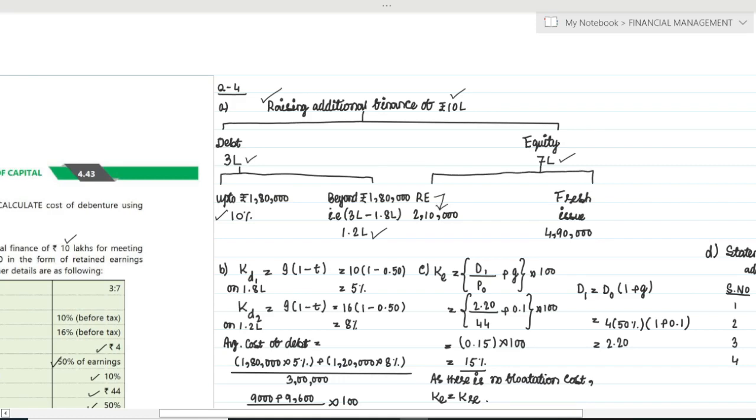So we need to bring 4.9 lakh by taking the fresh issue.